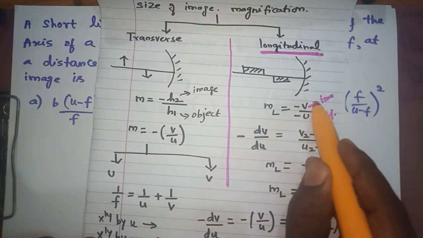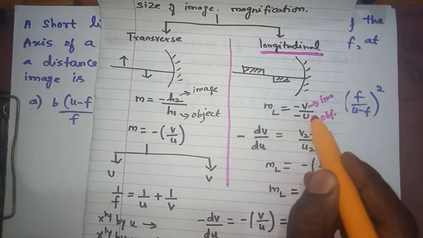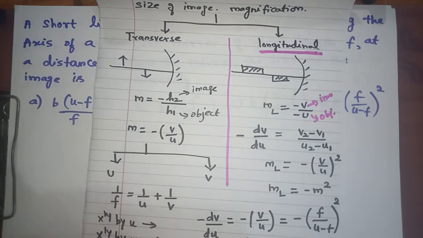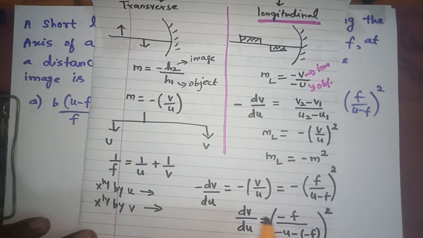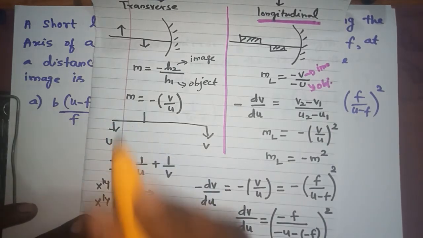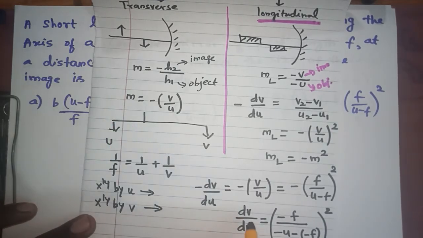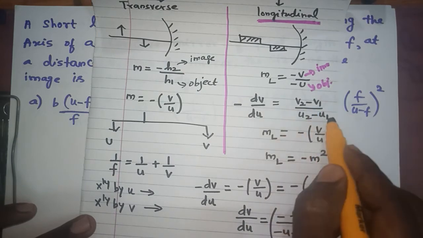The ratio of the image length and object length gives you your magnification. And here dv by du, dv is the size of the image we are getting, and du is nothing but the size of the object, the difference, because v2 minus v1, u2 minus u1.